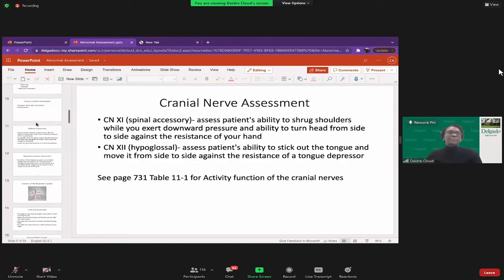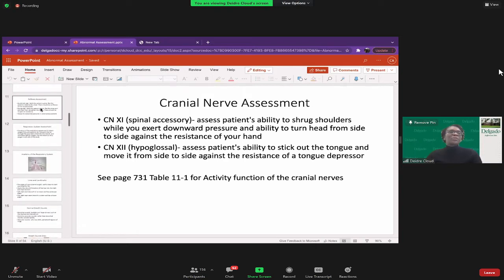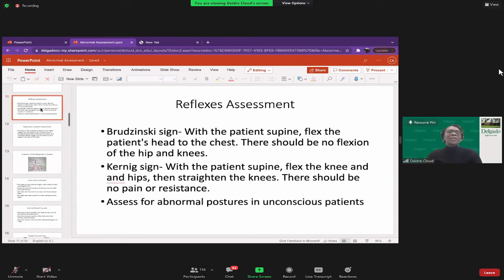Yeah, just the last slide. The abnormal posturing doesn't have anything to do with the Brudzinski. I don't know why I put it on this slide, but that's just abnormal posturing, decerebrate and decorticate, which is severe brain injury, and they usually don't come back from that. But those other two signs are totally different. Okay, thank you.